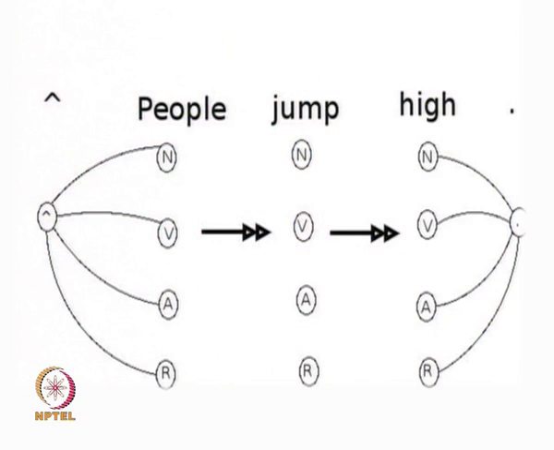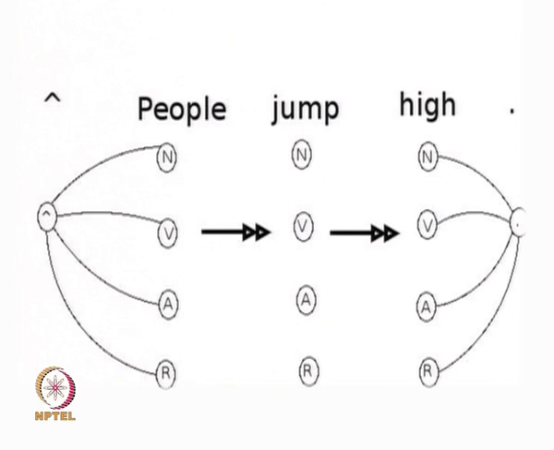The first cut algorithm will not try to be intelligent right from the beginning. It will try to take all possible options or all possible tags for each word and then do a disambiguation or selection. So, if you look at this picture here, then for hat symbol, conventionally the tag is hat itself.